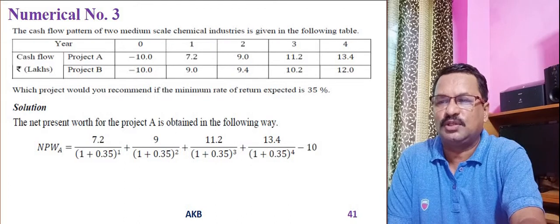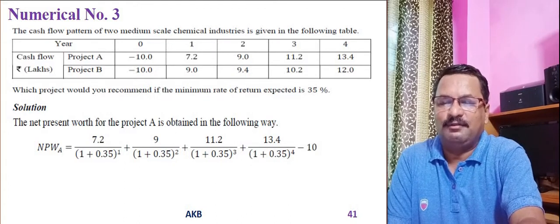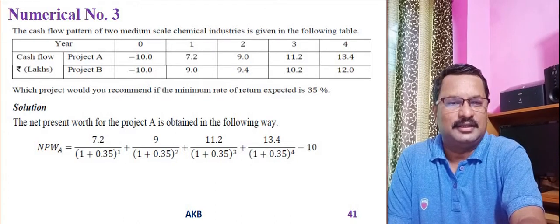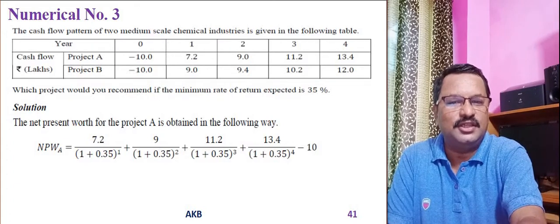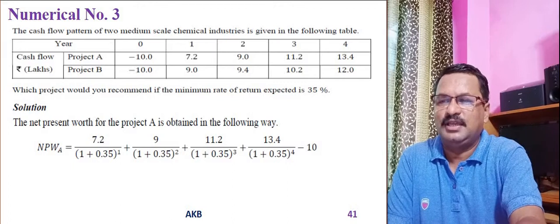So the net present worth of project A will be the summation of present worths of each of the cash flows.